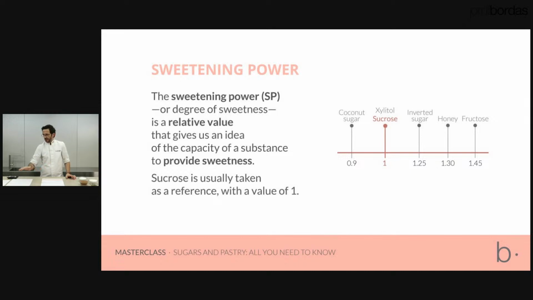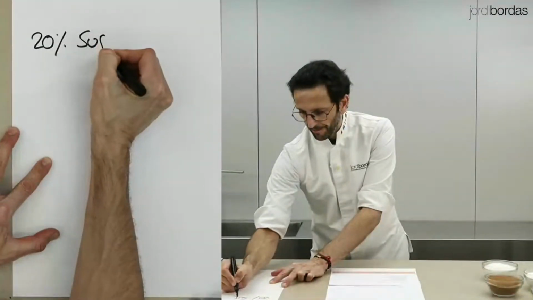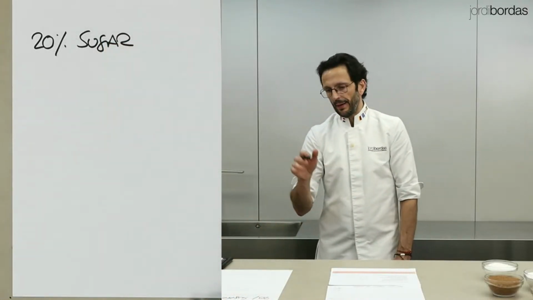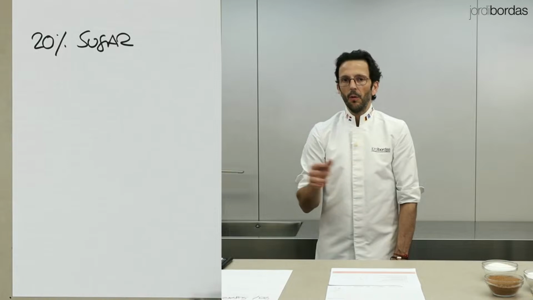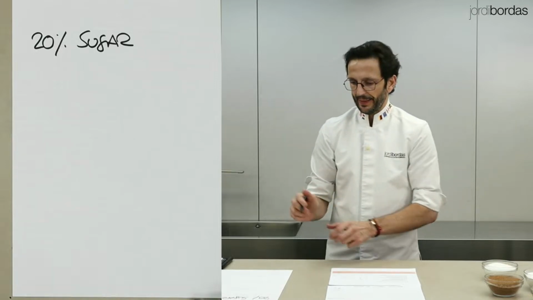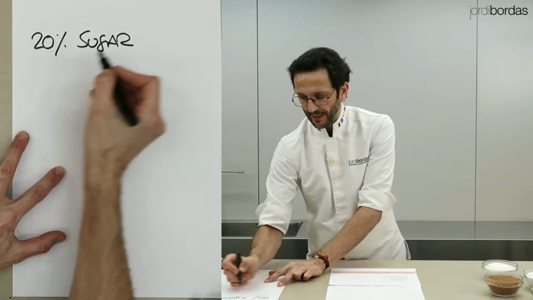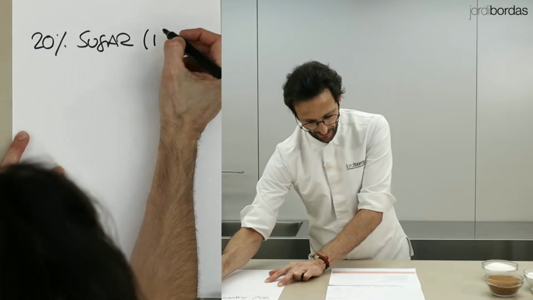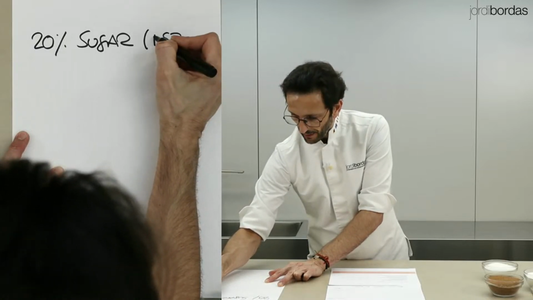I'm going to explain this by writing here. Imagine that we have 20% of sugar in one recipe. This can be a sponge, a creamy texture, compote, any kind of recipe in pastry. 20% sugar, the sweetening power is 1.